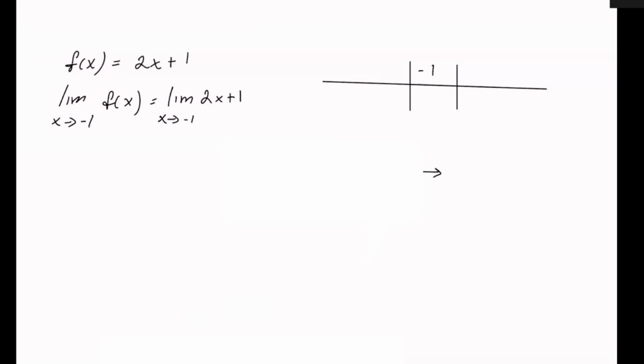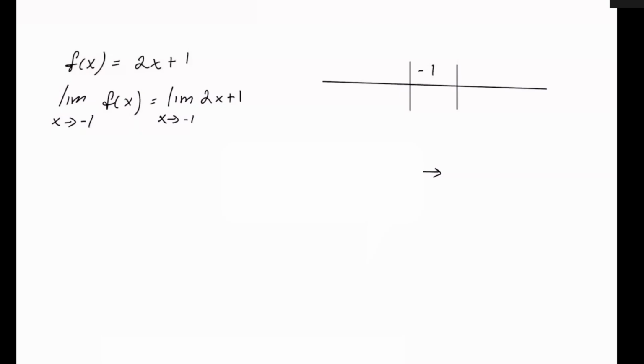So when we have -1 here, what are the values on the left-hand side that are close to my -1? So these values are going to be greater in magnitude, right? But with a negative sign. So I would have -1.01, and then if I move closer to -1, I'll have -1.001, and so on and so forth, right?